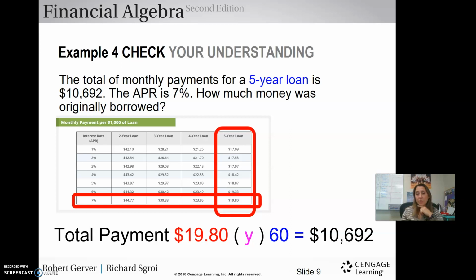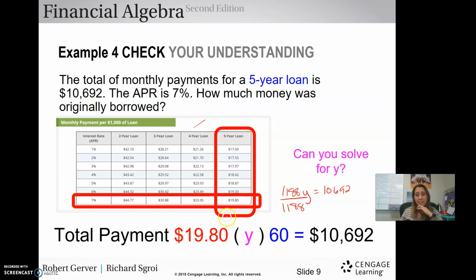So to solve, this is just multiplication. We are going to multiply the 19.80 times 60, and we're going to get 1188. So we have 1188Y is equal to 10,692, and then we are going to divide by 1188.